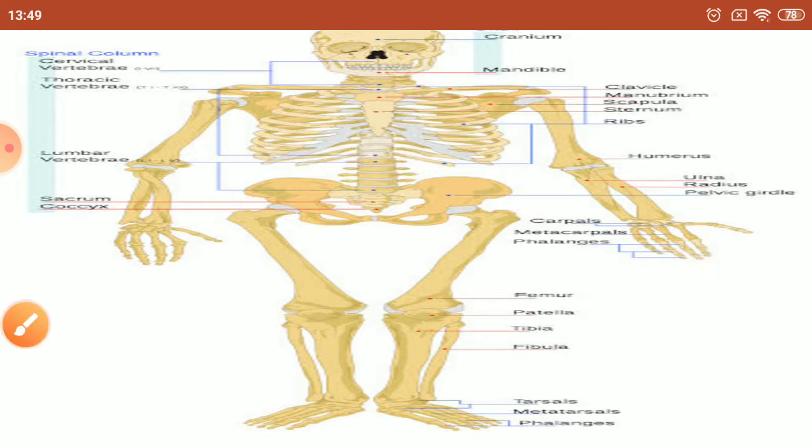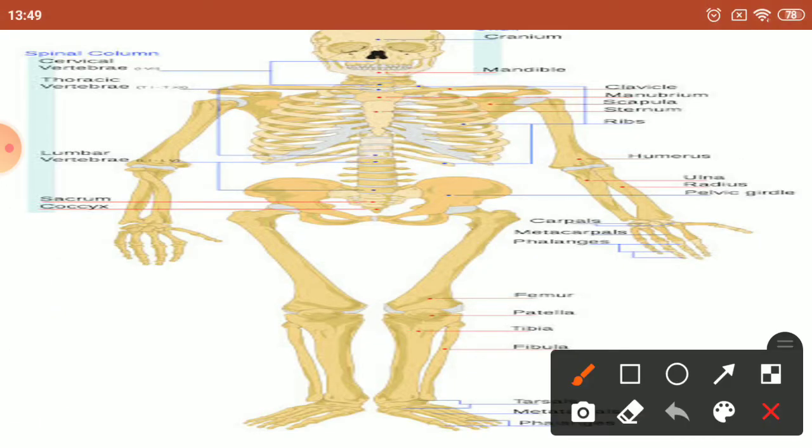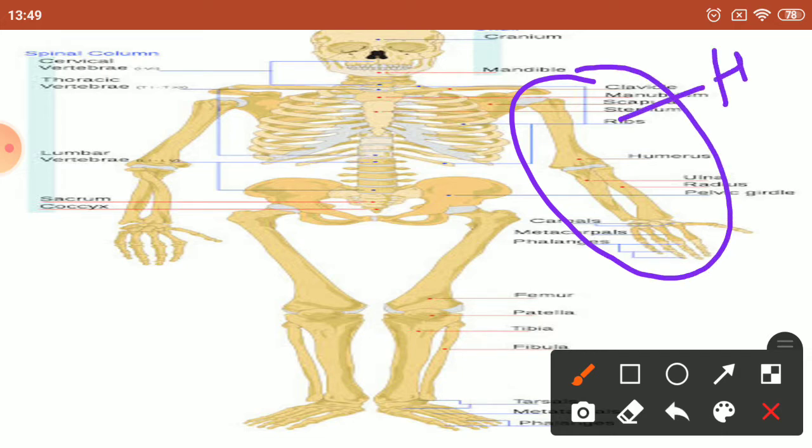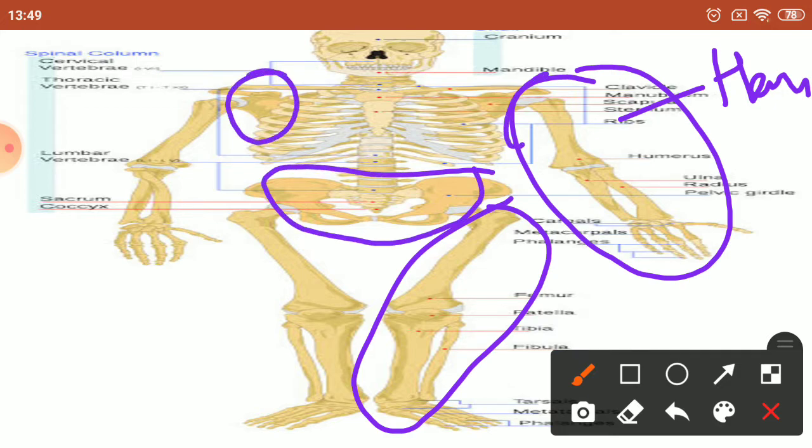After that, here you can see your limbs. Forelimbs, that is your hands, and hind limbs, that is your legs. Along with these fore and hind limbs, there are some girdle-like structures, that is the shoulder girdle and hip girdle. These are also parts of our skeletal system.